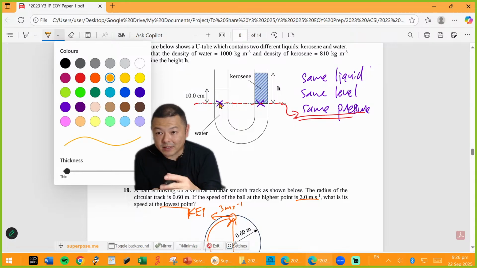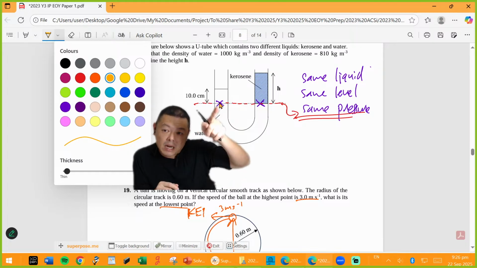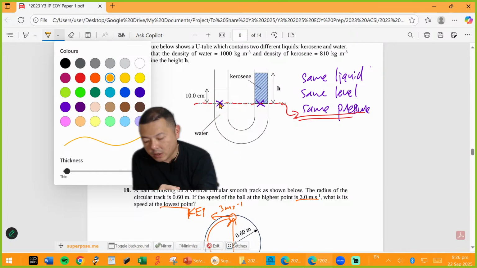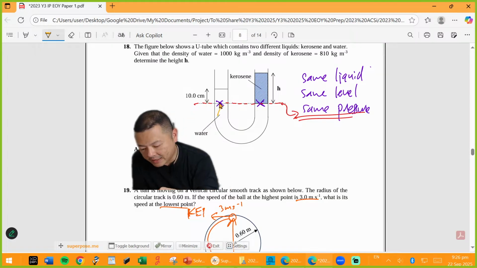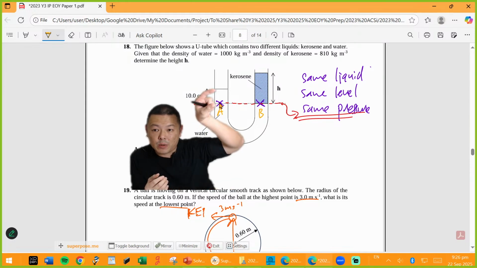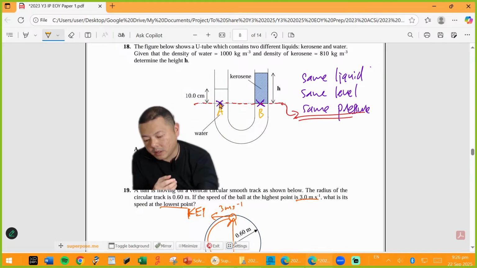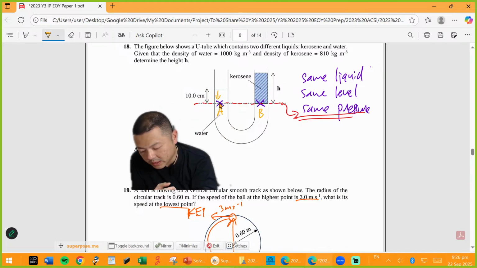Then we ask ourselves, what's above that point? What's causing the pressure above this point? Let's call this A and this B. Above the point on the left-hand side, what's causing pressure? This liquid, water, is causing pressure, and the atmosphere, ATM.